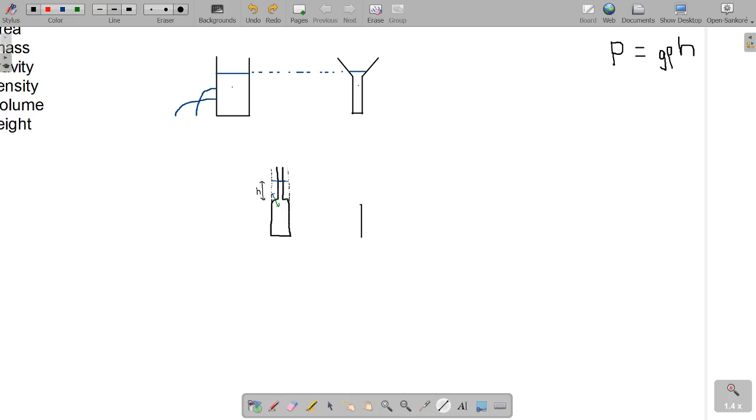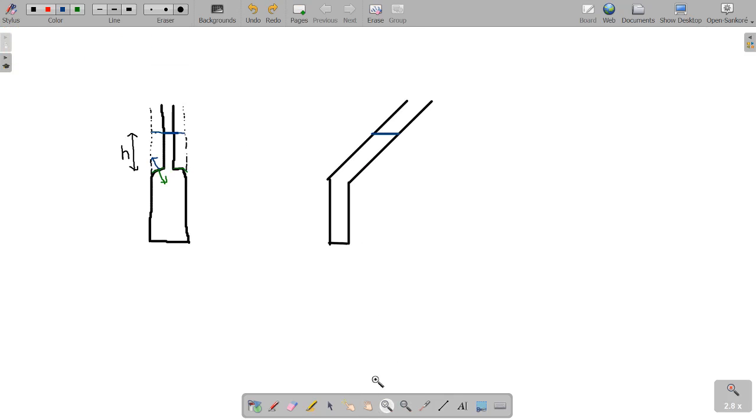Here is the shape of the container. And let's say it's filled with the same height as the one on the left. So let's zoom in and let us take note of this point.